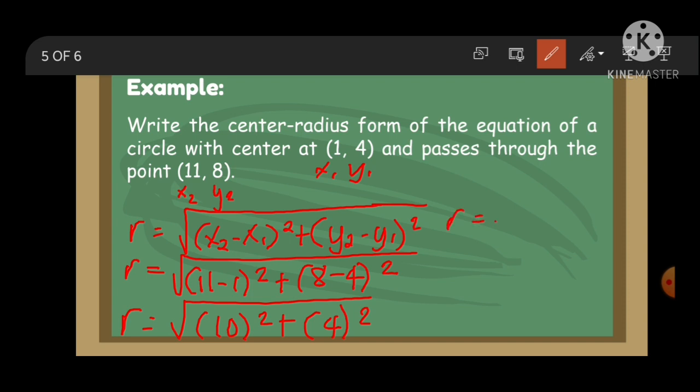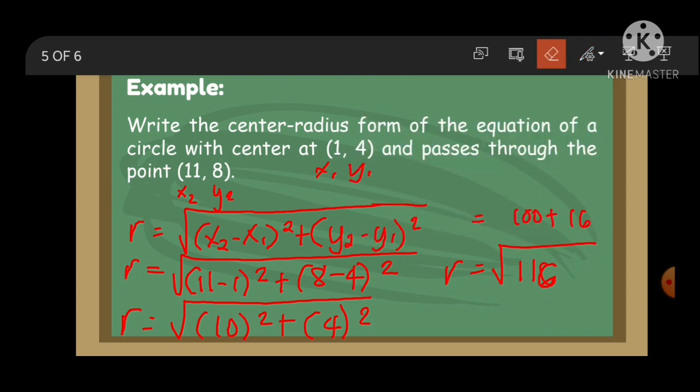So r is equal to the square root of 10² is 100 plus 4² is 16. So r is equal to the square root of 116. Now we are not going to get the square root of 116 because we are going to square the radius also.